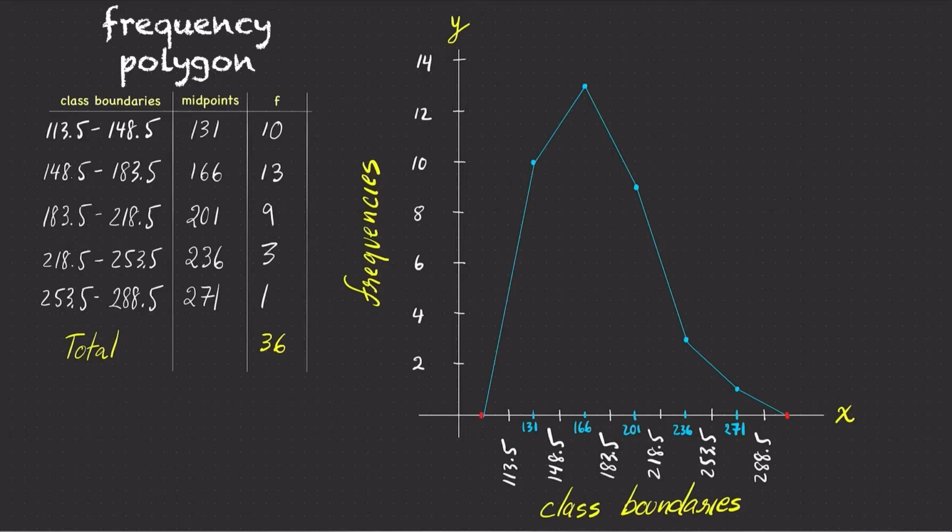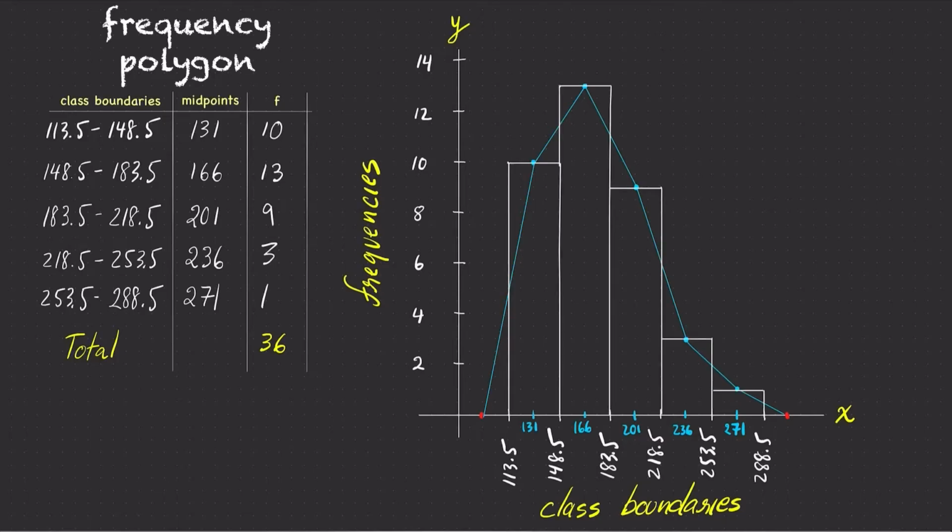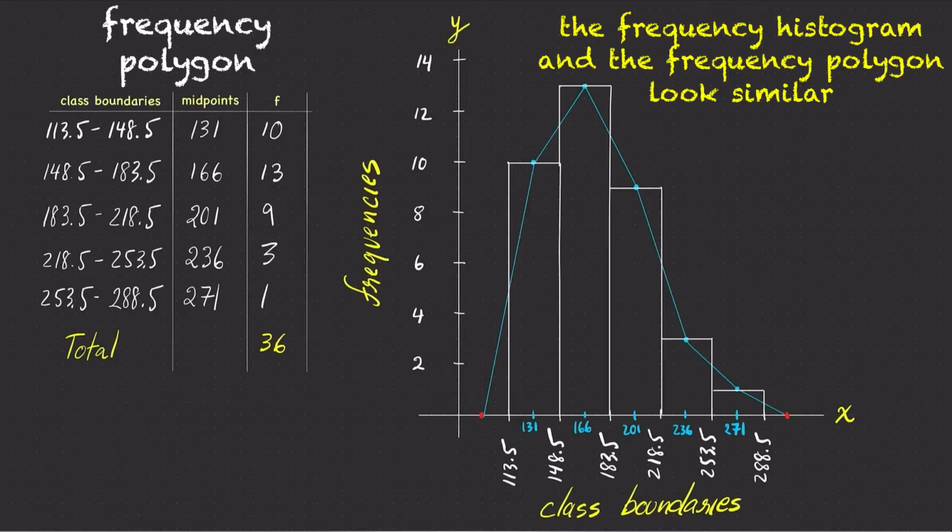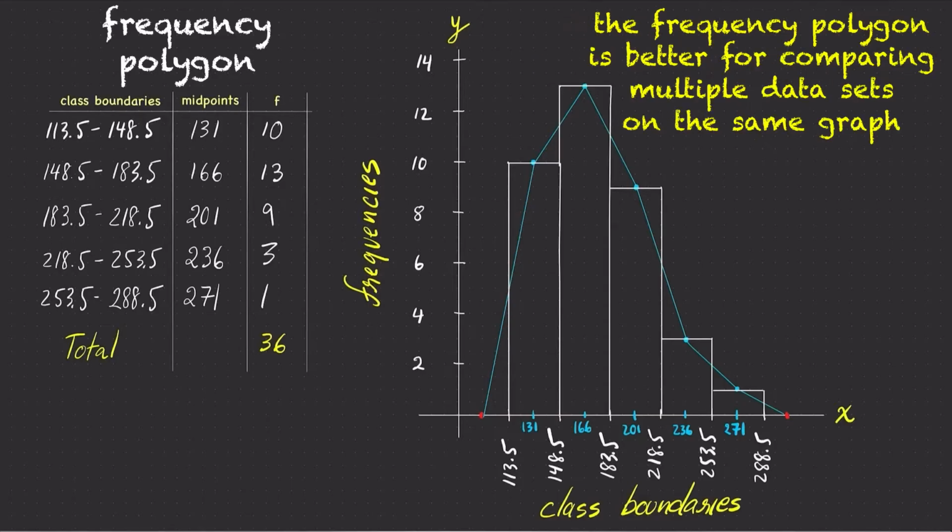If we overlay the frequency polygon on top of the frequency histogram, we can see that both types of graphs look very similar, and they can be used to quickly observe the shape of the data distribution. However, the frequency polygon is a better choice if you want to overlay the graphs from several different datasets for quick visual comparisons.